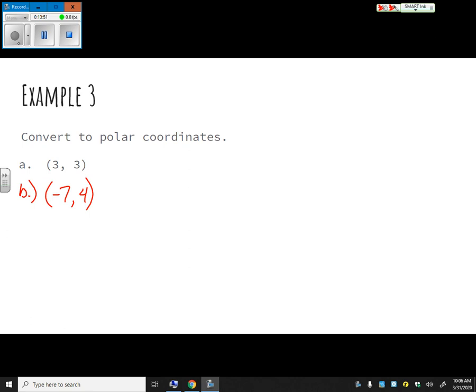So just plotting that, negative 7, 4 should be somewhere around right here. Okay, so again, I don't think the r is going to give us very much trouble at all, ever. So I just have the negative 7 squared plus 4 squared. Oh, 49 and 16. 65.